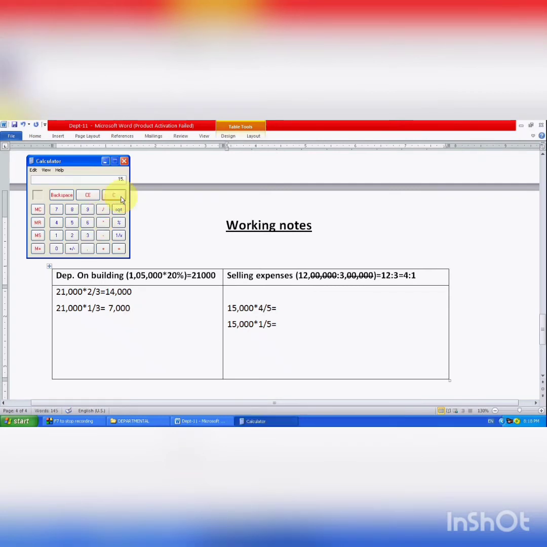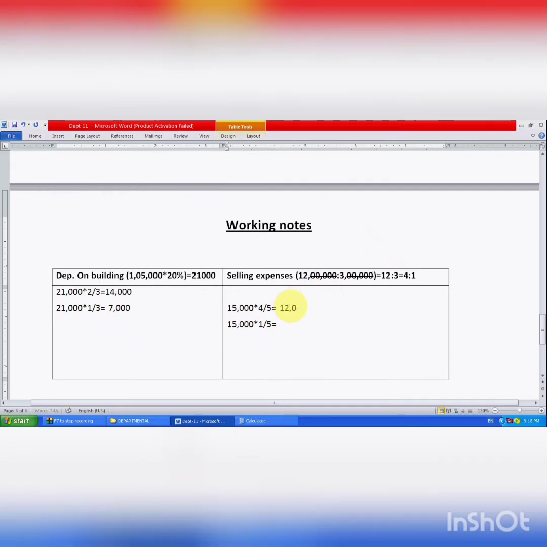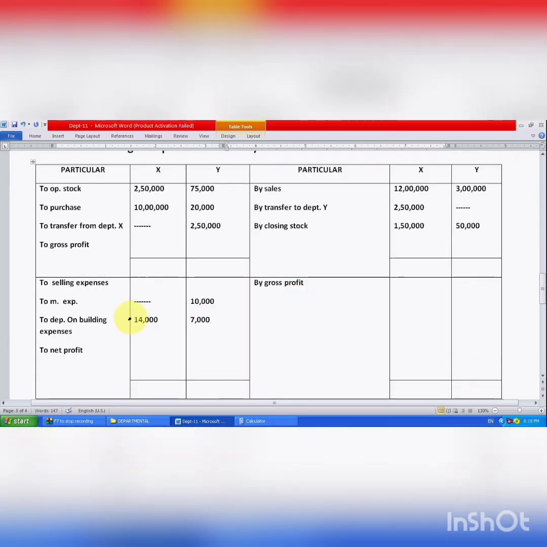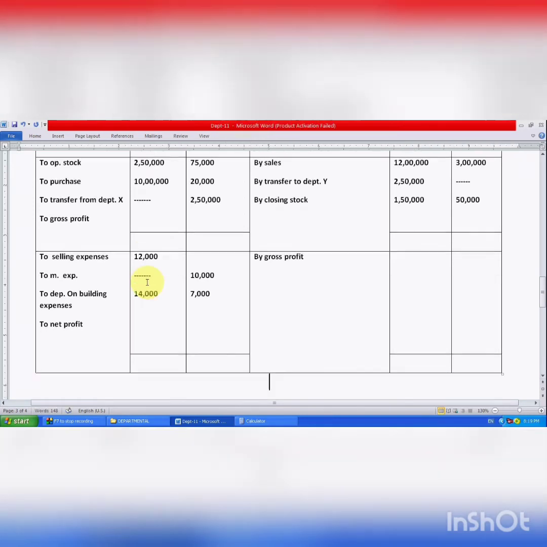See, 15,000 into 4 divided by 5 means 12,000. So 12,000 for X means the remaining 3,000 will be for Y. So transfer this also. Here 12,000, here 3,000.